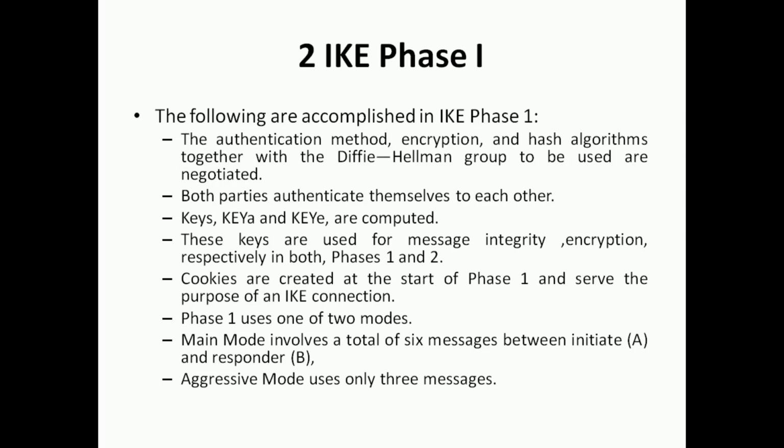Then cookies are created at the start of phase 1 and serve the purpose of identifying an IKE connection. Phase 1 uses one of two modes. One is main mode, which involves a total of 6 messages exchanged between the initiator and the responder. The other is aggressive mode, which uses only 3 messages for the exchange.